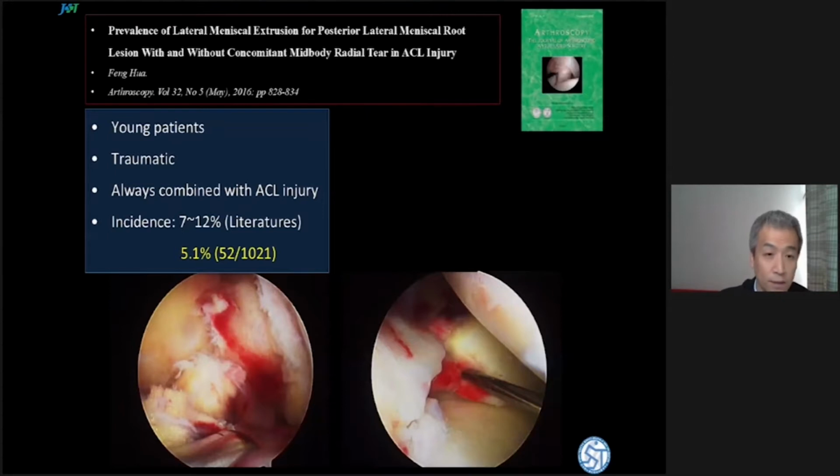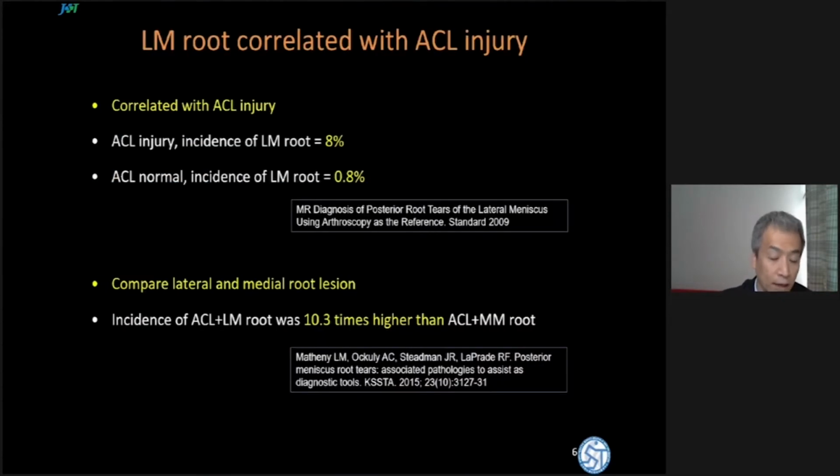If we compare ACL injury patients with ACL normal patients, the lateral meniscus root tear combined with ACL injury is almost 10 times higher than in ACL normal patients. Compared with the medial meniscus root lesion, the lateral is also about 10 times higher with ACL injury.